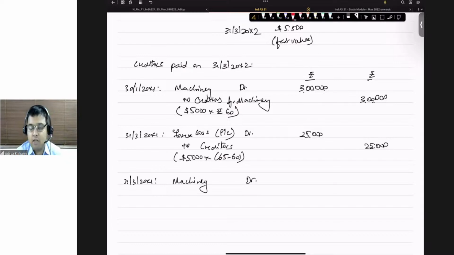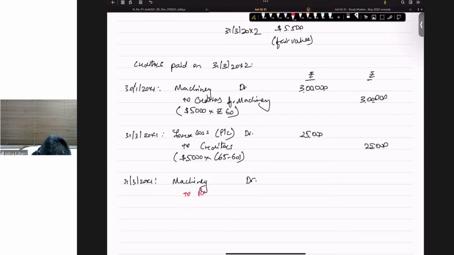Because of that revaluation, there is a 500 USD positive impact, which we will have to take to the asset. The question is, where will I give the credit? Can I give the credit to the P&L? Answer is no, because this is an item that goes to revaluation reserve, to other comprehensive income. So we will take this also there only.